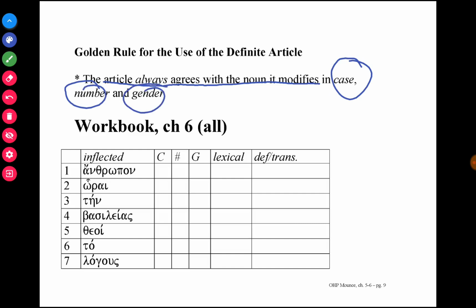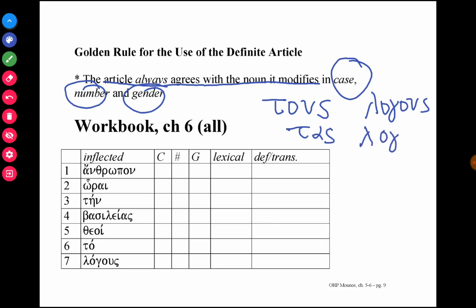So let me give you an example really quickly. One of these is incorrect. We have tus logus, and we have tas logus. Which one's correct? Well, it's this one.